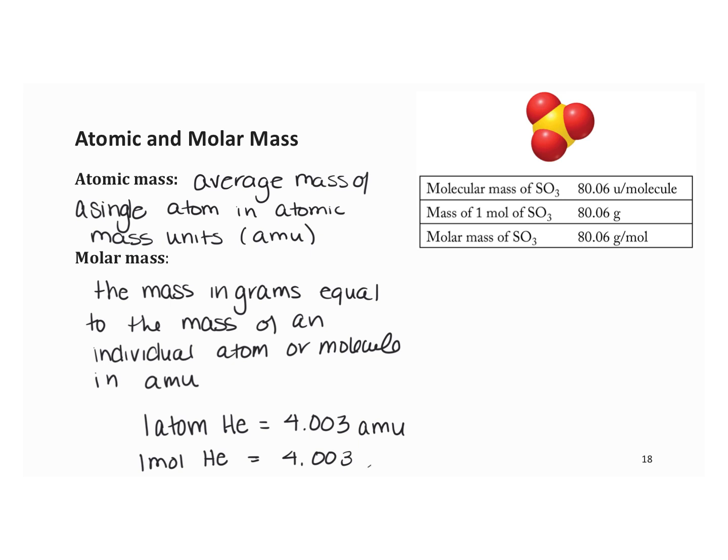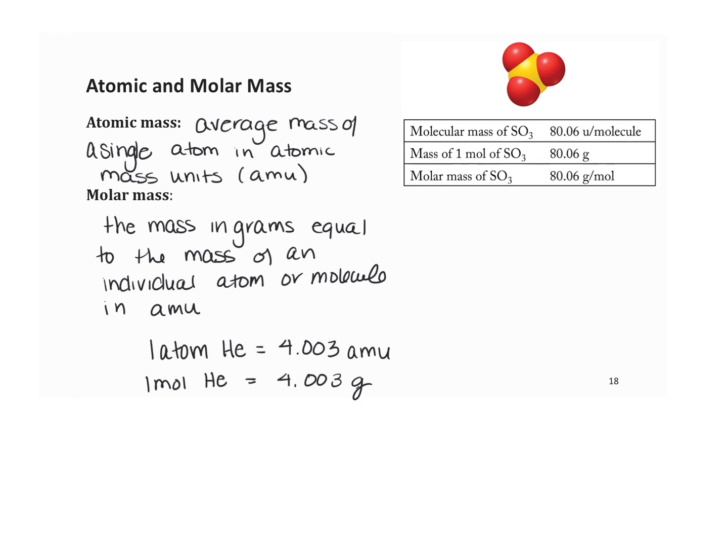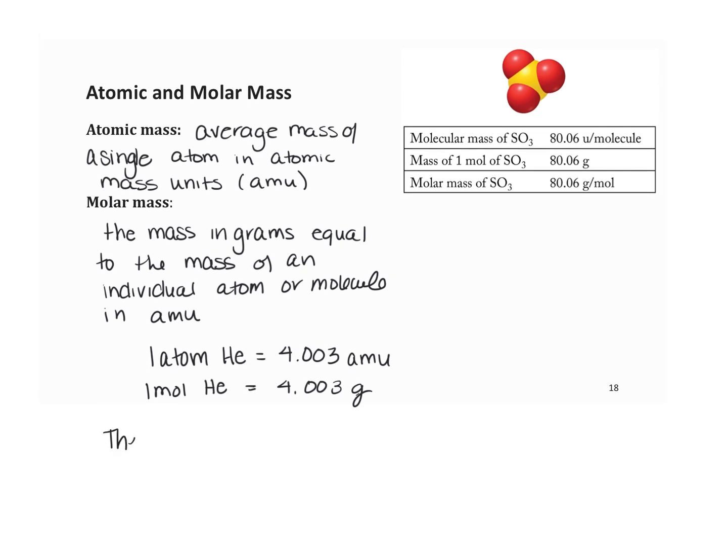And so from this, what we can figure out is the molar mass, which is sometimes called an M, like that, kind of like a cursive M, of helium is 4.003 grams per mole.